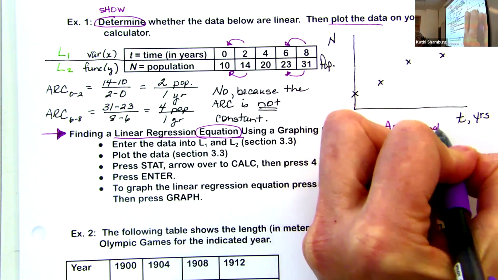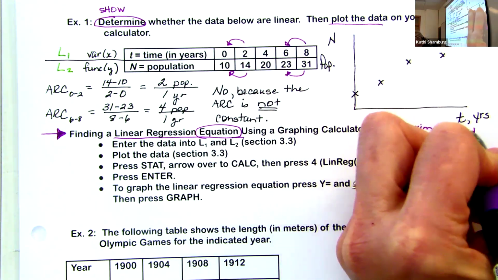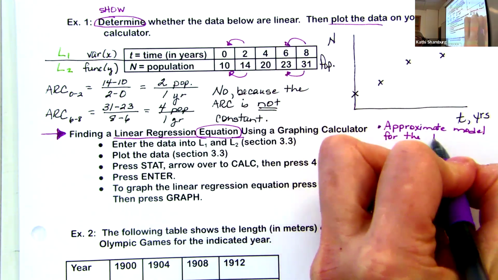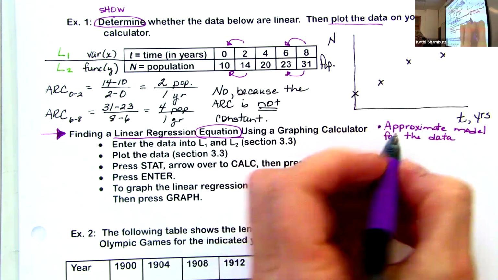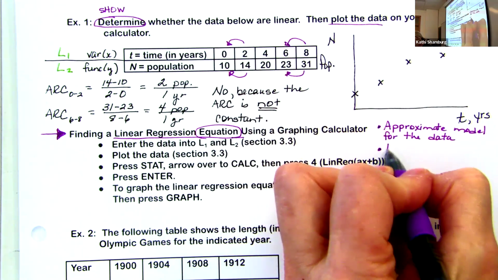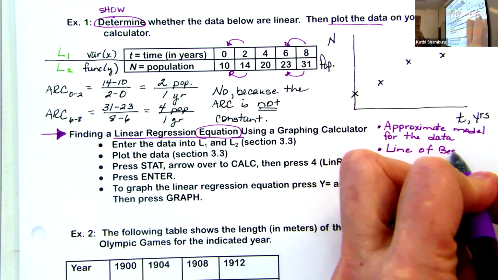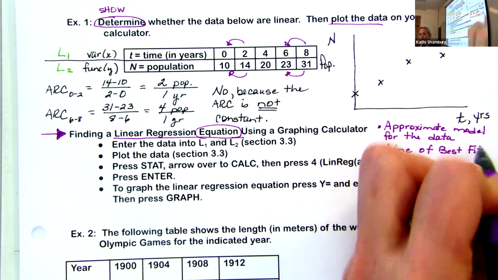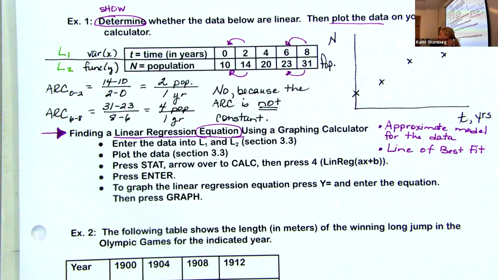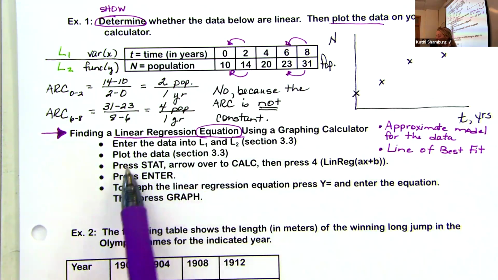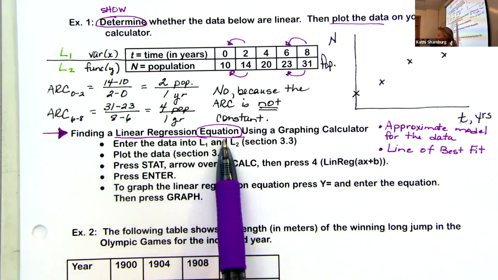So not exact, but an approximate model for the data. An easier way to say that is we are going to find a line of best fit. So it does appear to have a linear relationship. All the points won't be on the line, but we can find an equation that is our line of best fit, and that's called your linear regression equation.